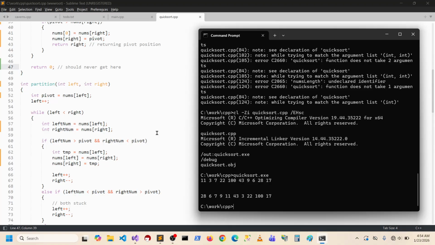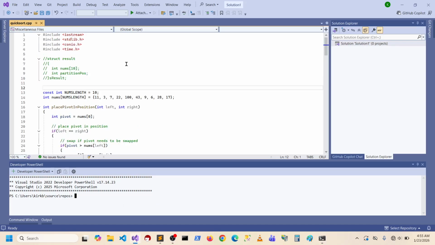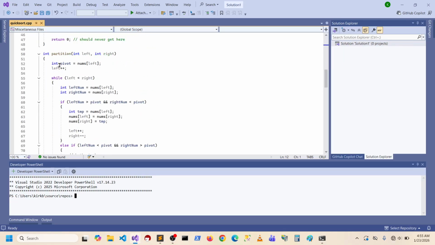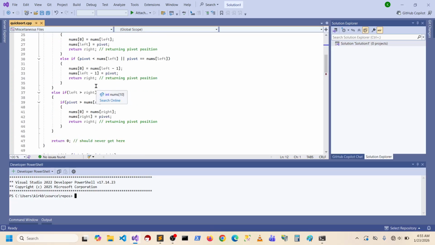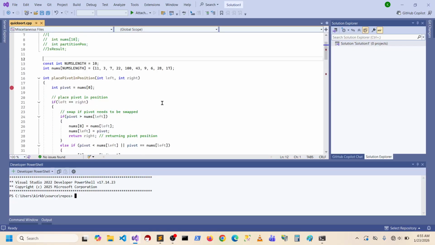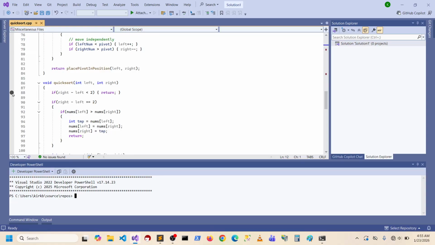All right. So let's go to the debugger. Let's go ahead and run this sucker. Let's see. So some breakpoints. Let's see right here. Right here. There.